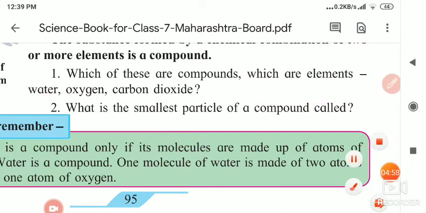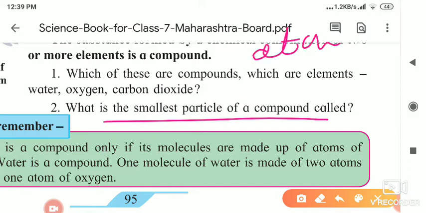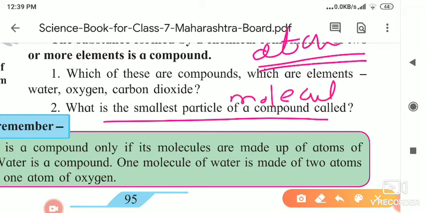Next question: what is the smallest particle of a compound called? As we know, the smallest particle of an element is called an atom. Don't forget, the smallest particle of an element is called an atom, and the smallest particle of a compound is called a molecule.